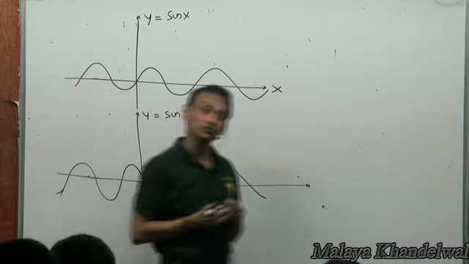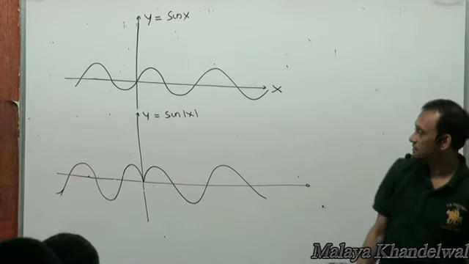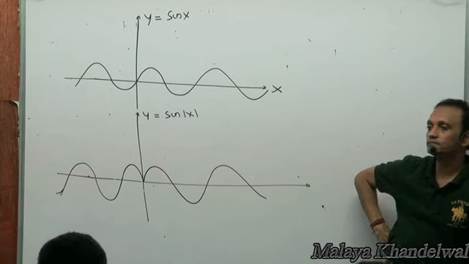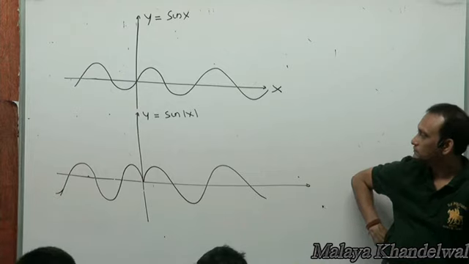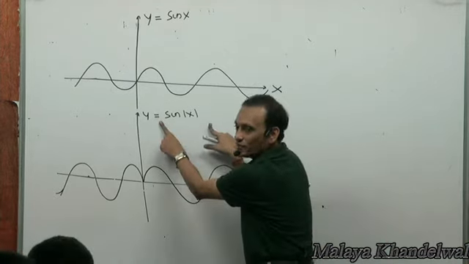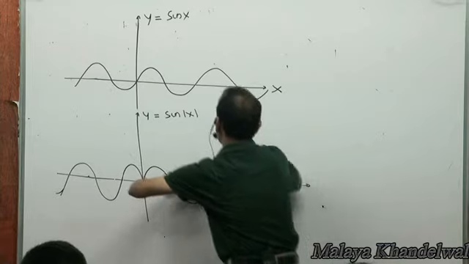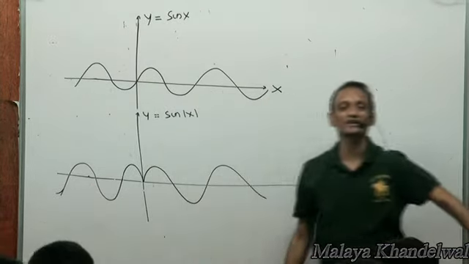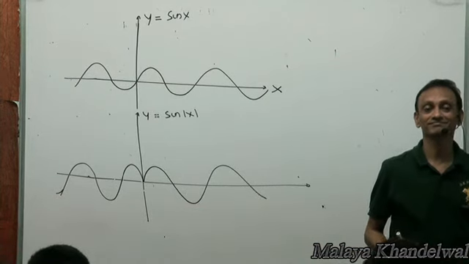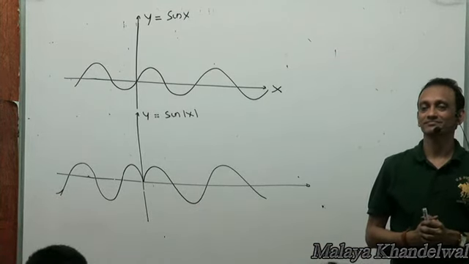This is the graph of y equal to sine mod x. If I took mod of sine mod x, then wherever it's negative, flip that about the x-axis. Then I'll get the graph of mod of sine mod x. Yes or no? All's good?